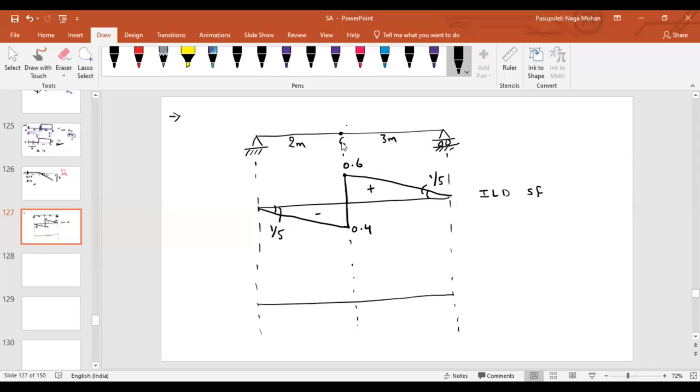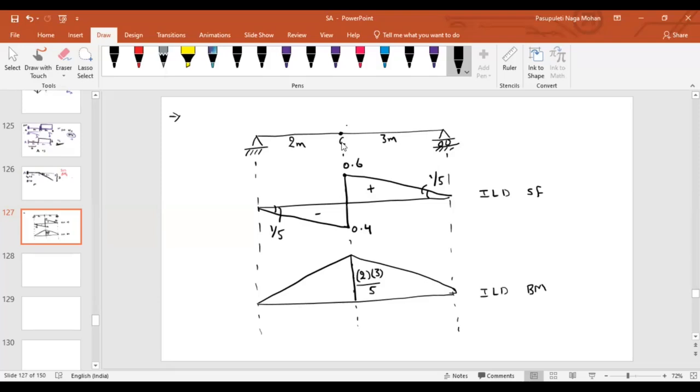Similarly, let me draw the ILD for bending moment. So what about this distance? Can you guys tell me? AB by L. A means the distance 2, B the opposite distance 3, divided by total length 5.